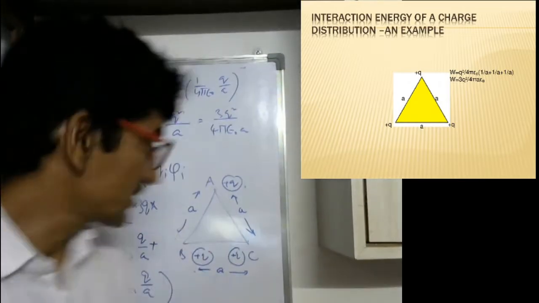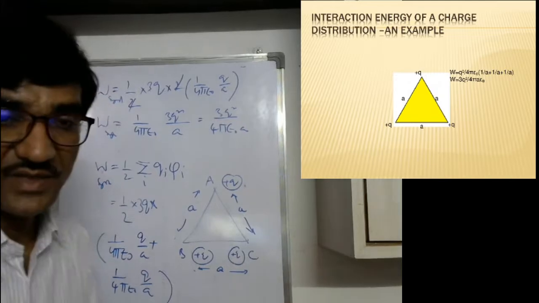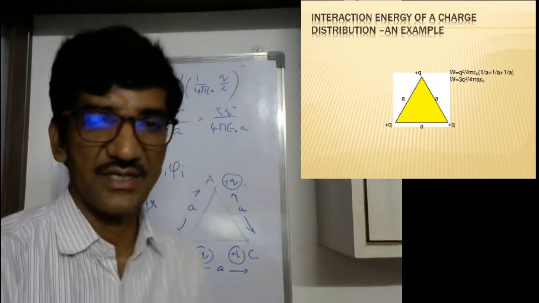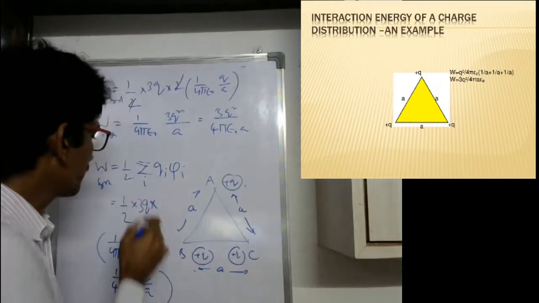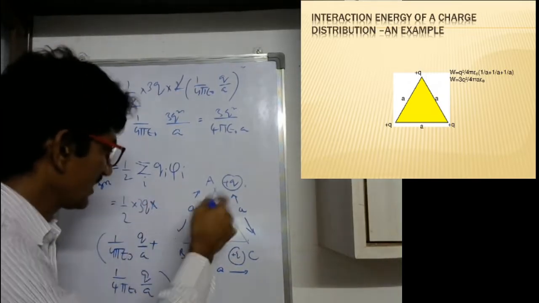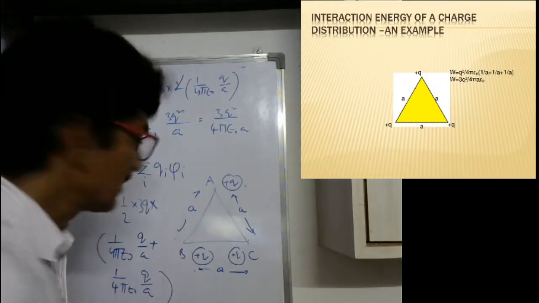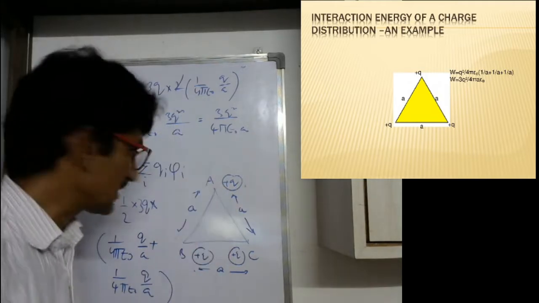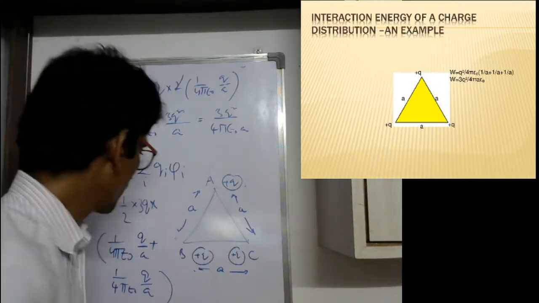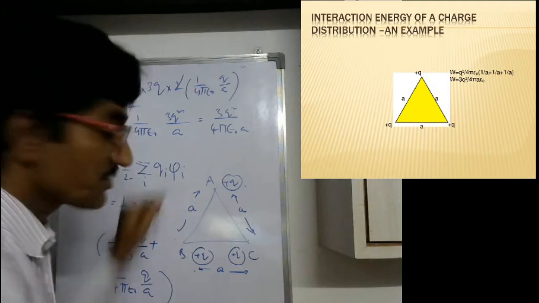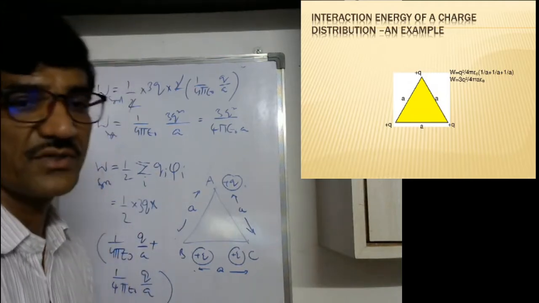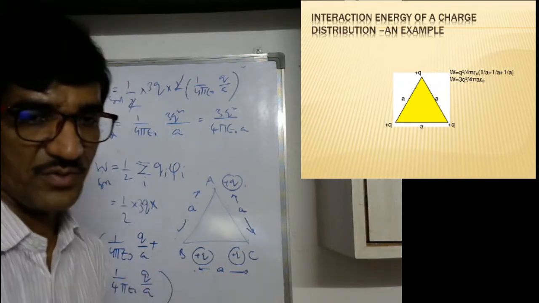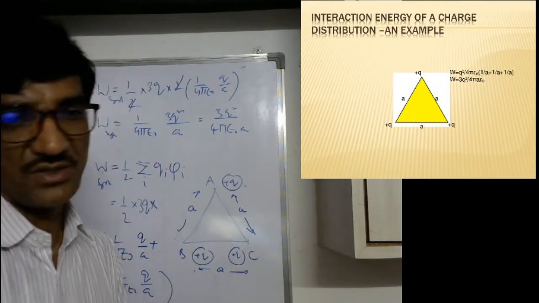This second procedure is very simple to calculate the interaction energy of the system. What you have to do here: you have three charges. Twice the charge located at one vertex, into what is this potential? Potential of the other charges. Suppose that you have n charges.